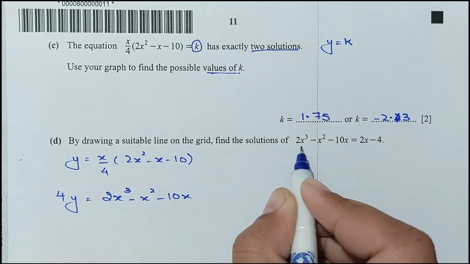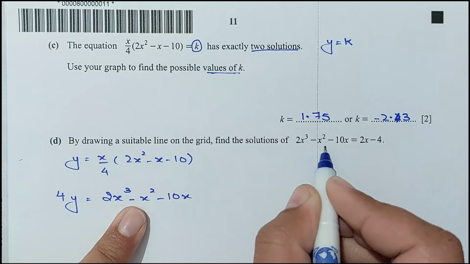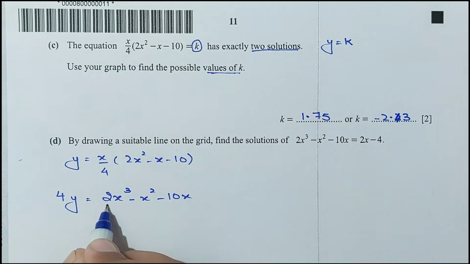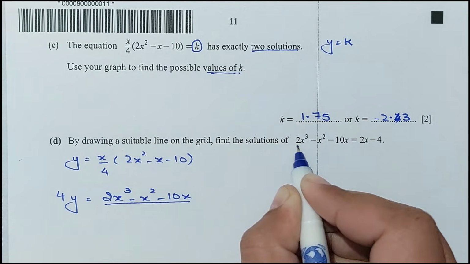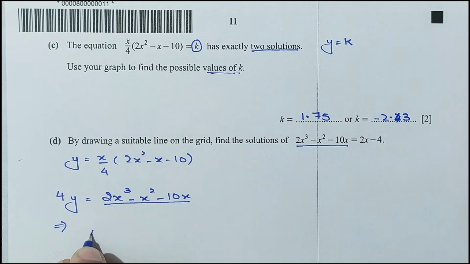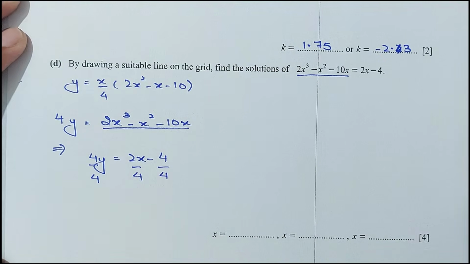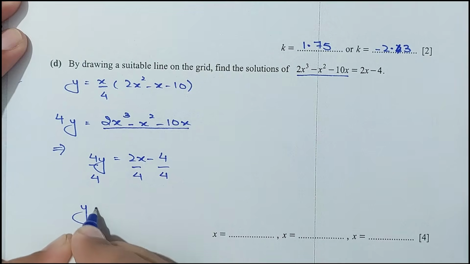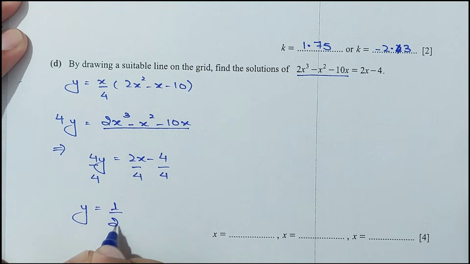So 2x cube minus x square minus 10x, this whole thing is the same. So from these two things, 4y would be equal to 2x minus 4, dividing by 4 throughout the equation. So we have to find that suitable line. y would be equal to 1 by 2x minus 1. This is the suitable line which we have to draw on the grid.